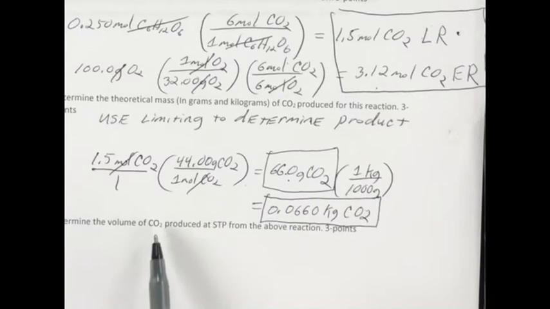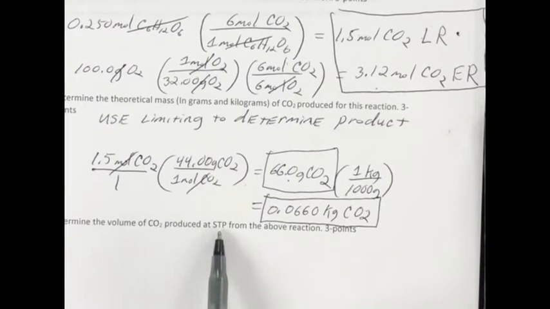Next, determine the volume of CO2 produced at STP, standard temperature and pressure. Well, let's save ourselves some work. We don't have to start from the beginning and keep working our way over.